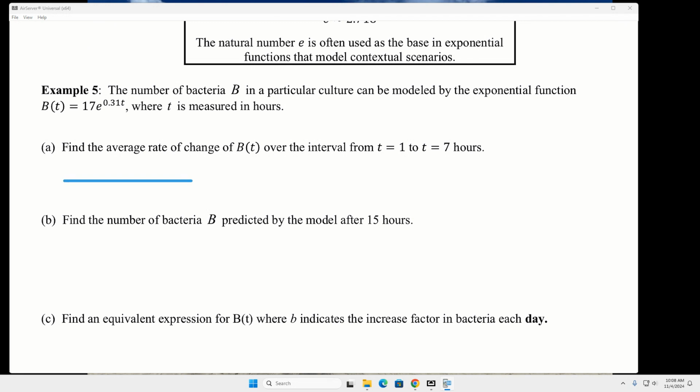We've done it since day one, pretty much. And so when you hear average rate of change or read average rate of change, I really hope you think, oh, this is just a slope formula where I'm going to subtract b of 7 minus b of 1 on the top of the fraction, and I'm going to subtract 7 minus 1 in the denominator.